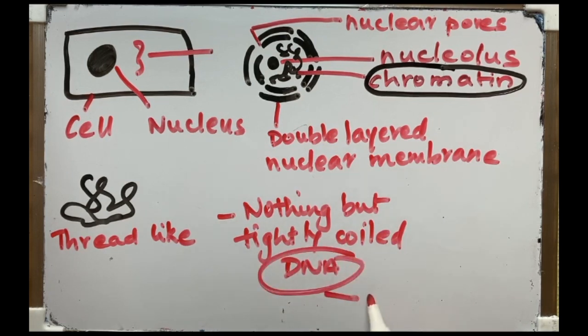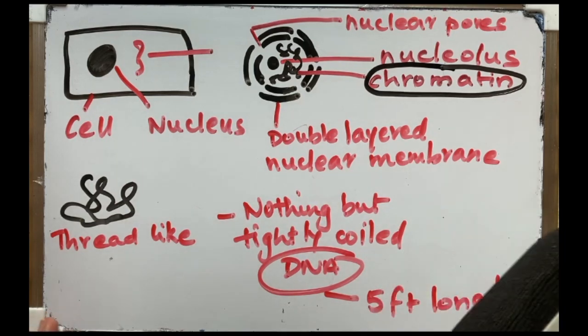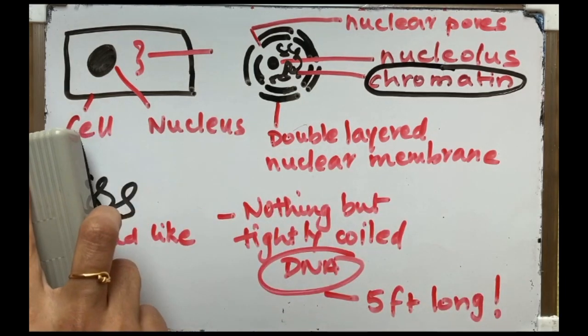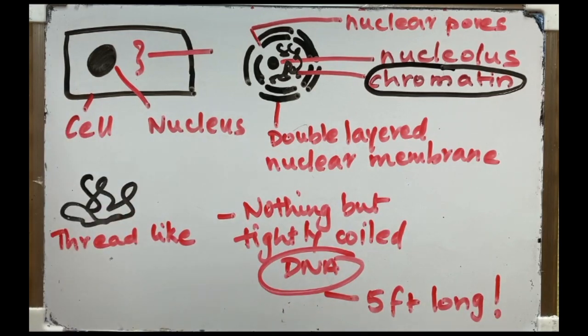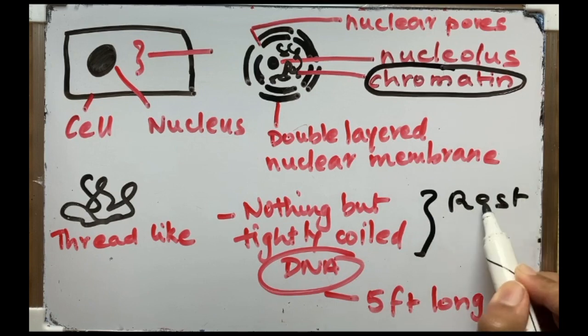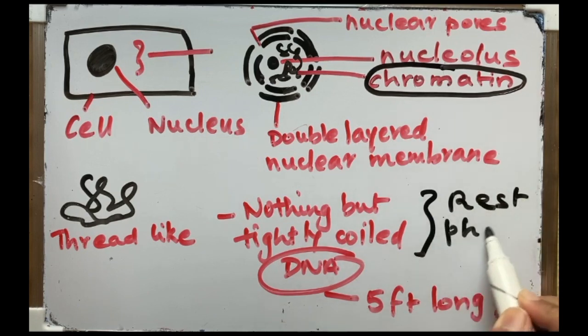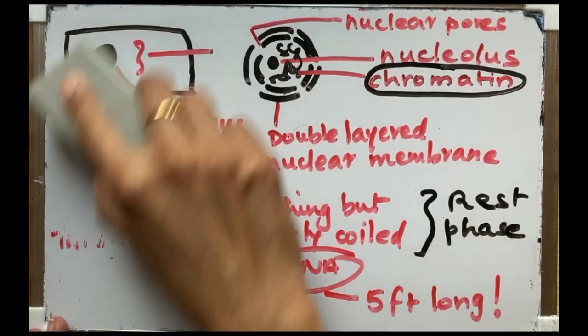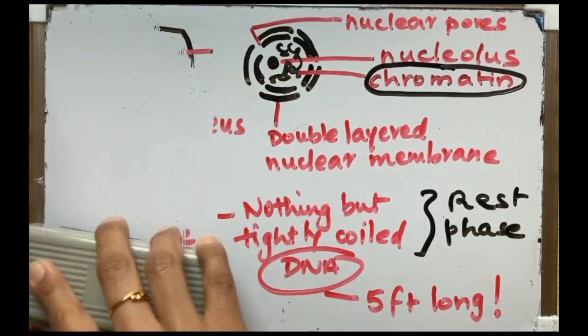Now we are all familiar with what DNA is, right? And we'll look into it in detail. Now why do we need to pack DNA? Because in humans itself, average length of a DNA is 5 feet. Right? It's almost the height for average grown up. So during the rest phase, this DNA is tightly coiled in the form of thread-like or fibrous chromatin.